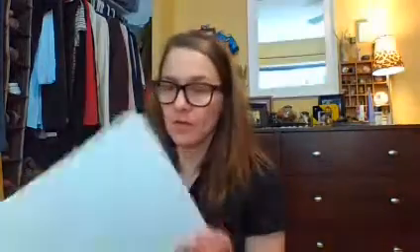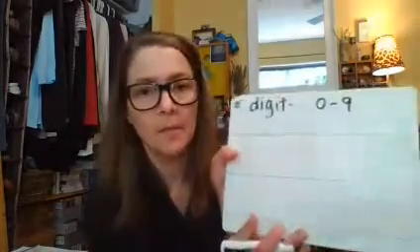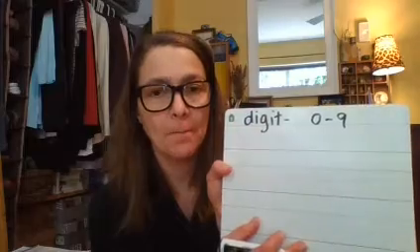I'm going to go ahead and review some vocabulary first before we move on, and we are going to review digit. And a digit is any numeral from 0 to 9. That's a digit.